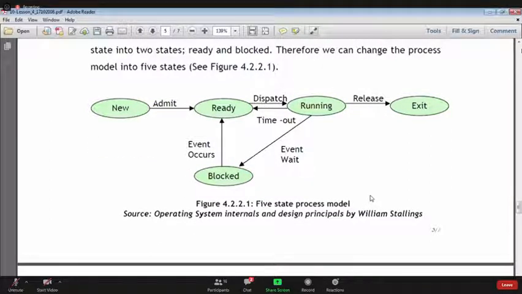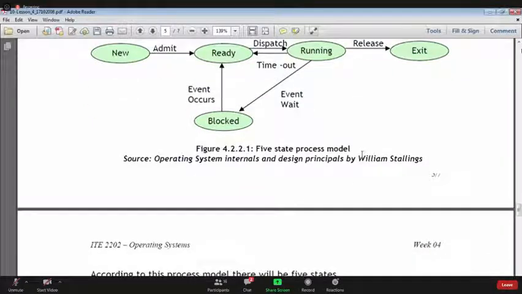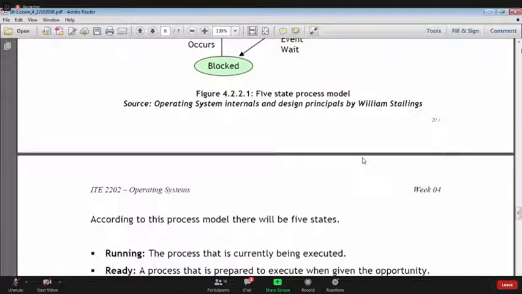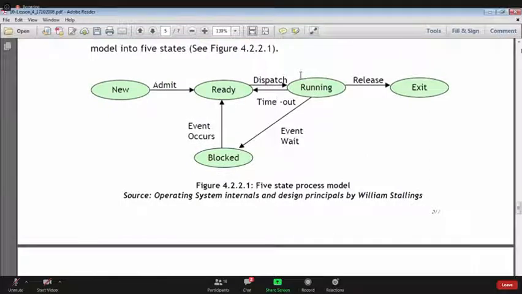Others are clear, no? So this is known as the 5-state process model. You may have to explain 1 or 2 models. Last year also there was a question, I think. Now you should know how to draw a process diagram and explain each of these states, and also these are known as transitions, transit from one state to another.